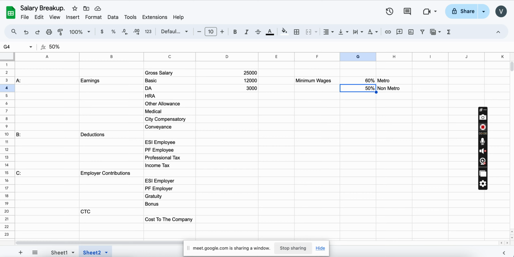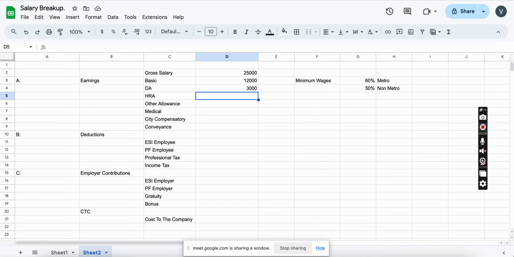Bangalore is a metro city. So when you prepare a breakup for a Bangalore employee, you will consider 60%. But if you prepare a salary breakup for a Mysore employee, then it will be 50%. Likewise in any other city also. So these are the three rules that you must know about basic and DA.